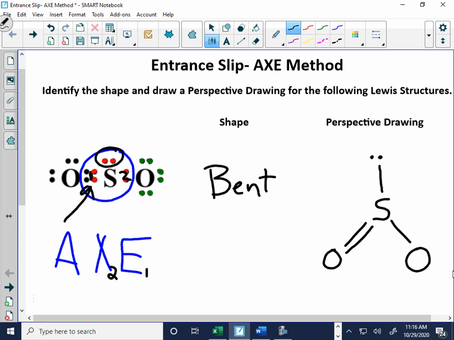Now, the final thing that I want to do is I want to make sure that I have my unshared pair of electrons on my oxygens. And I did this one in black, so it's only got 2 unshared pair. So right there is my correct perspective drawing for this particular Lewis dot structure.